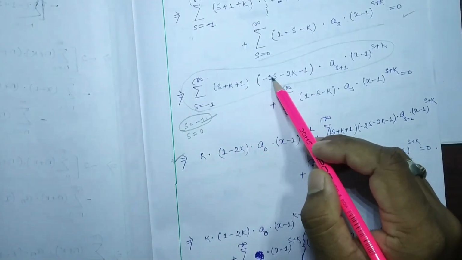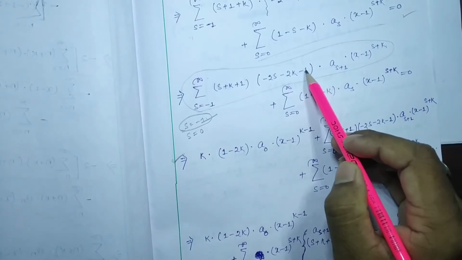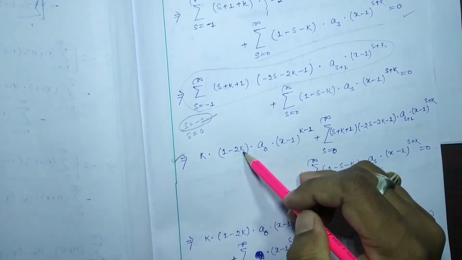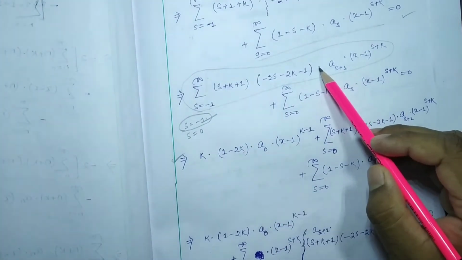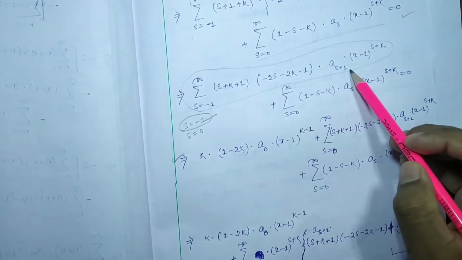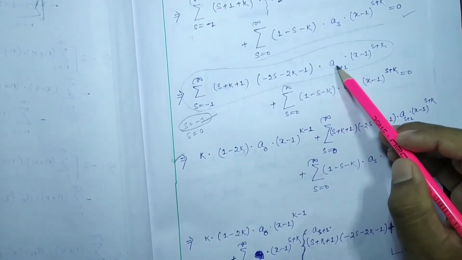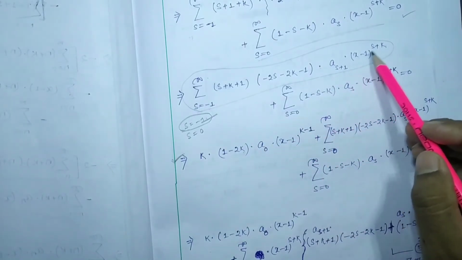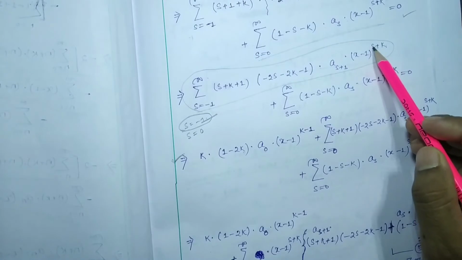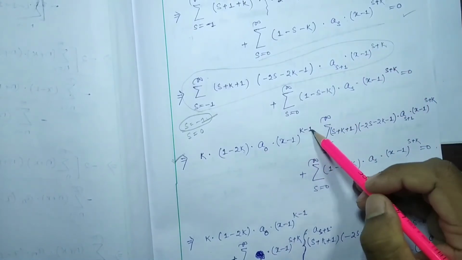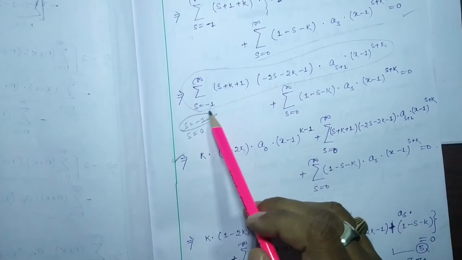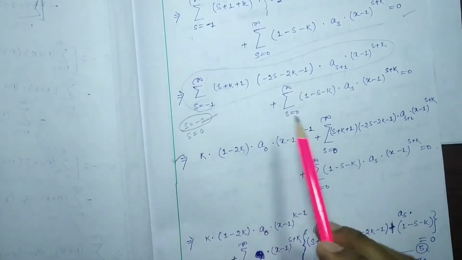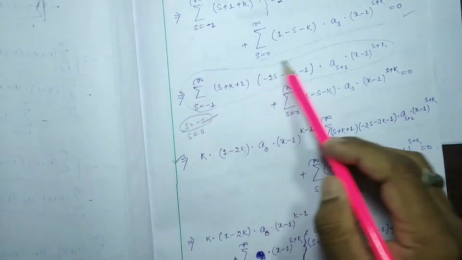Minus 1 means it will be 2 and it will be minus 1, so plus 1. So plus 1 minus 2k, okay. So here into a_{s+1}, we are going to put s equal to minus 1. Minus 1 plus 1 will be a_0, okay. So here (x minus 1) to the power s plus k, we have to put s as minus 1, so it will be k minus 1. So for s equal to minus 1, the term has been removed from this.